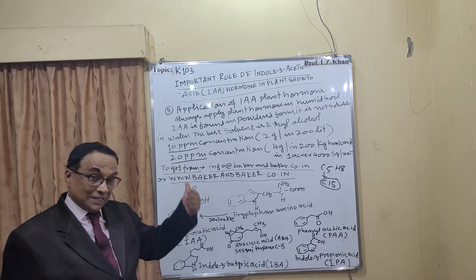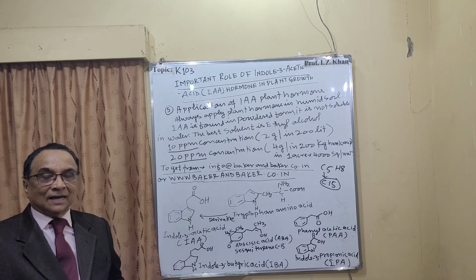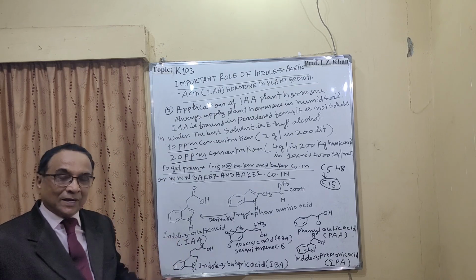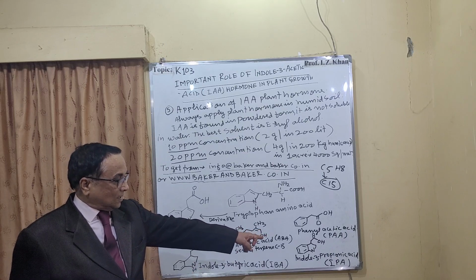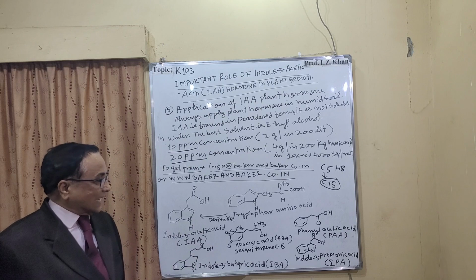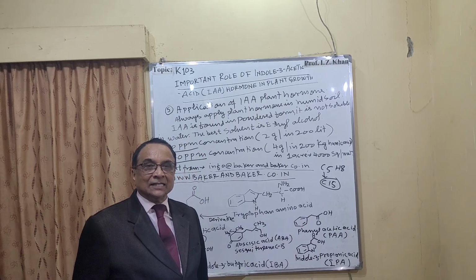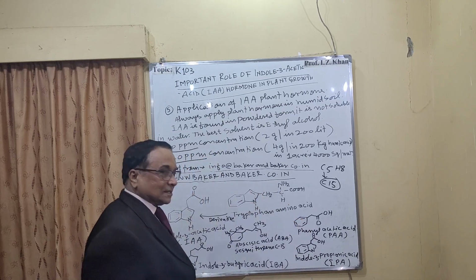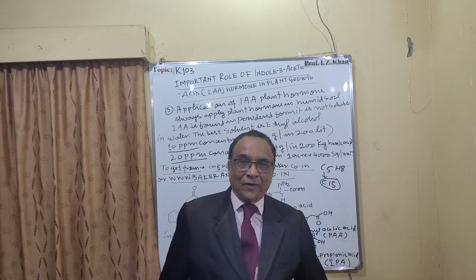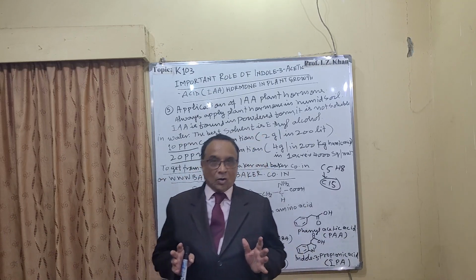I have already told you these: IAA, indole propanoic acid, and indole butyric acid. So it is indole propionic acid, IPA, and then phenyl acetic acid, PAA. Here the structures are given. All these structures of phytohormones are given, and they are under auxins.